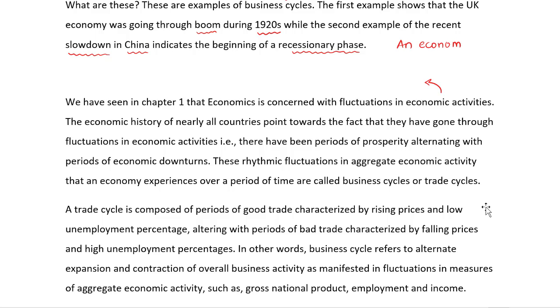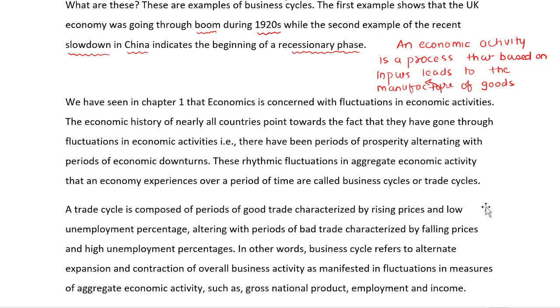An economic activity is a process that, based on inputs, leads to the manufacture of goods or the provision of a service.